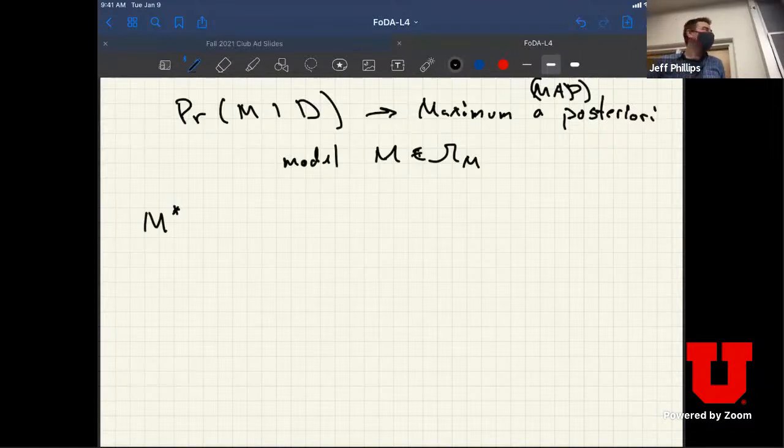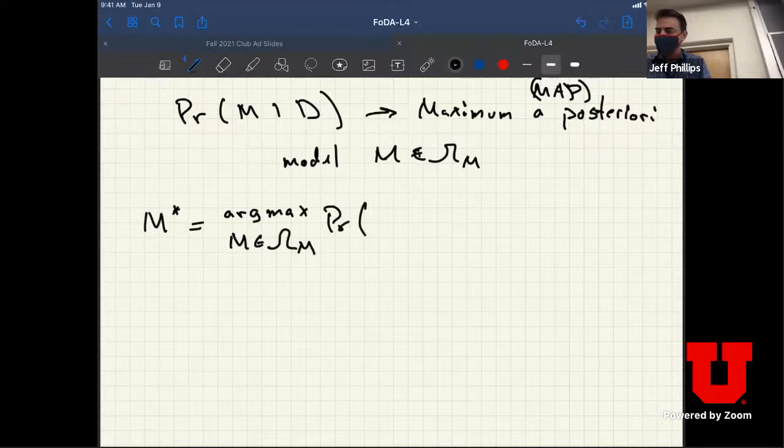Often we want to find something that optimizes some function, and we put a star on it. That's the one that optimizes it from some space. So I'm going to write this down as an arg max over M, restricted to be an element of this space of models, and I want to maximize the probability of M given D.